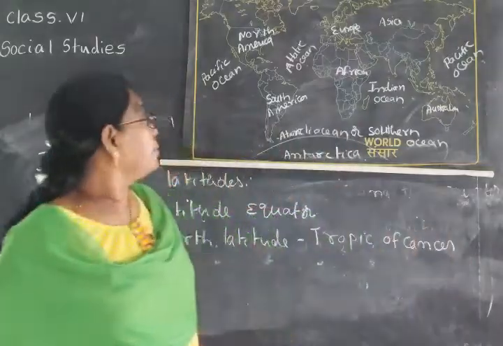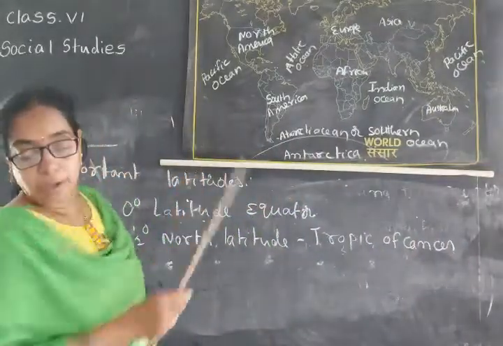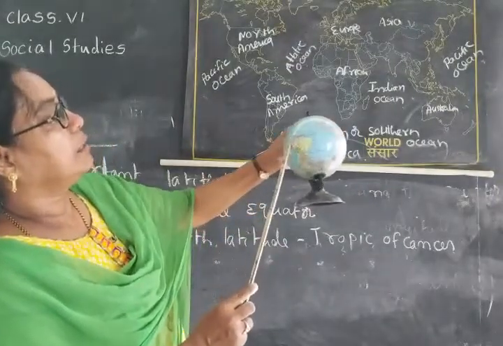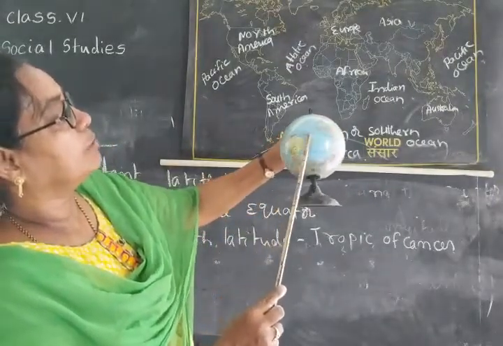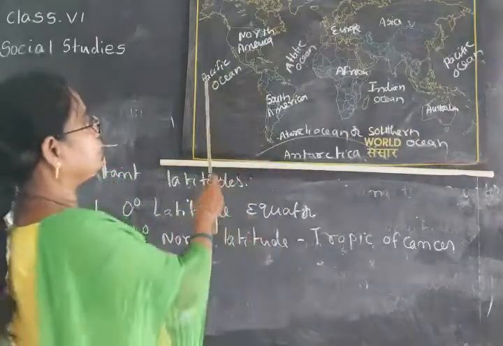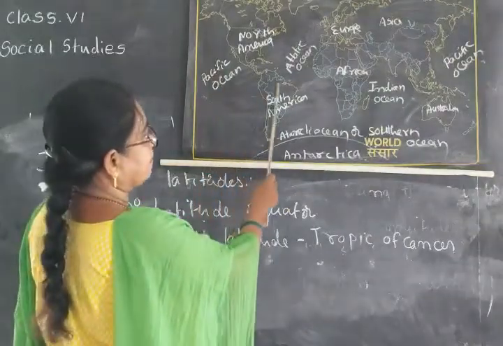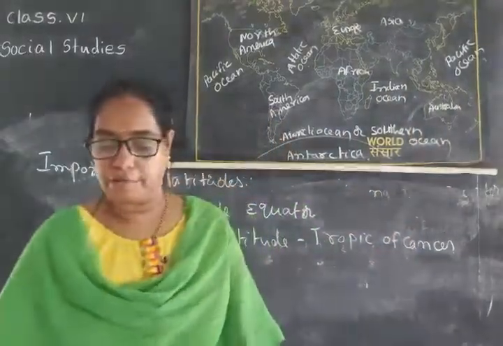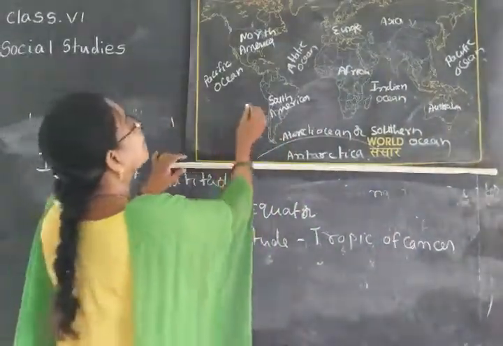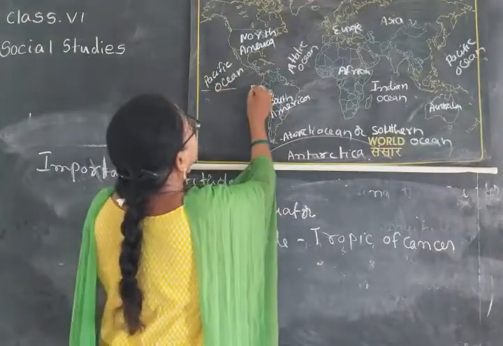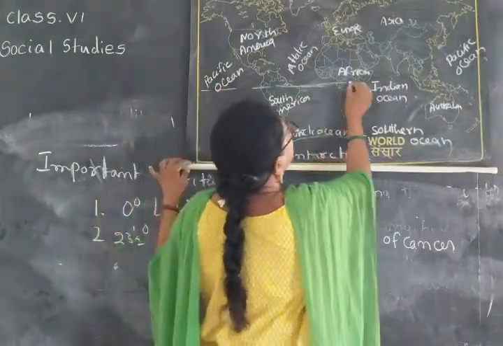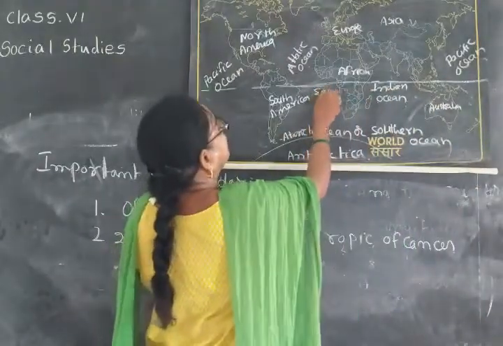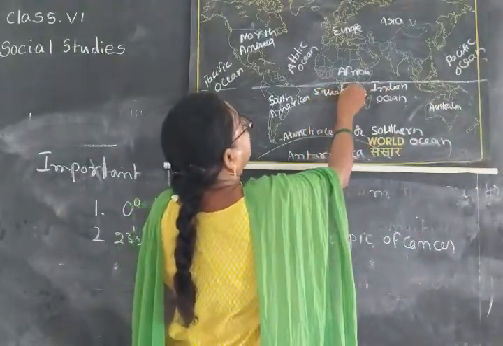Here I am showing on the world map or on the globe. In the middle of the earth we can observe the line. It passes below India. That is called the equator. I am drawing on the map. This is the equator.